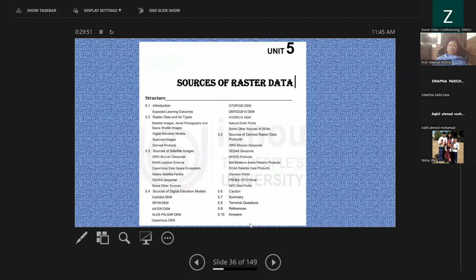Now let us come to sources of raster data. Again, I want to repeat that for PGCGI students, there is one unit, raster and vector data, both combined in one unit. For PGDGI students, there are separate units on raster and on vector data. So fifth is raster data and sixth is sources of vector data.